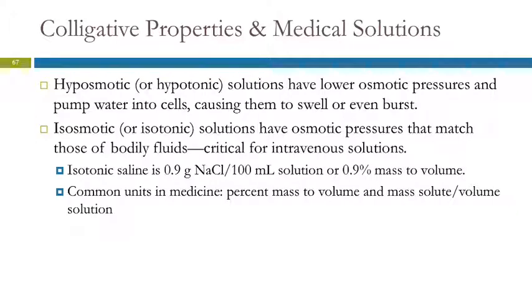In medicine, they often use a percent mass to volume, or a straight mass of solute per volume of solution, because it's easier. If you want to give someone 0.9 grams of sodium chloride, you can just measure 100 milliliters of the solution. You don't really have to do much calculating, and so that's a very common unit.